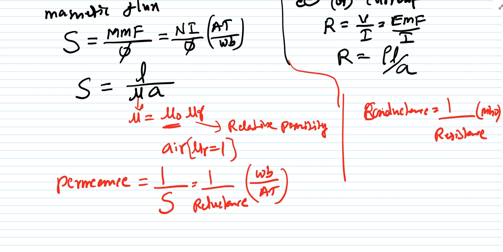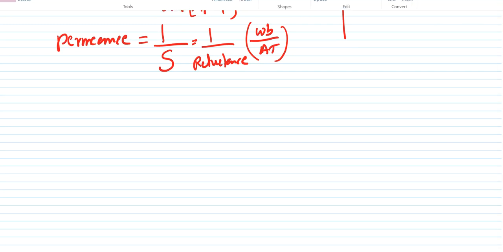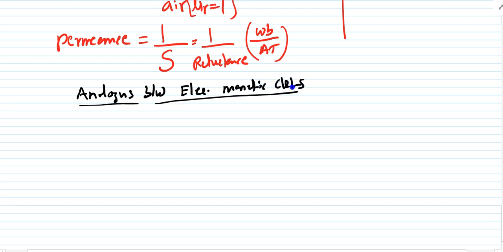After going through all these basic concepts, I just want to see the analogy between the electrical circuit and the magnetic circuit, and what the analogy is in both circuits.